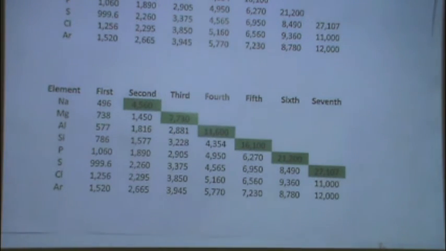Why are the green ones so large? Raise your hand if you know, one person. Yeah, right there. Because on those, you're moving an electron from a core electron space. So sodium, the first ionization energy takes it to neon, but the second one is so huge because you're going away from the noble gas configuration.